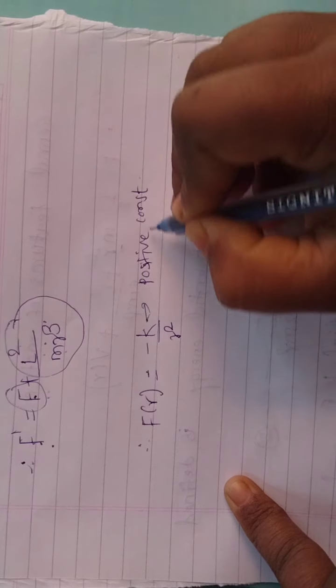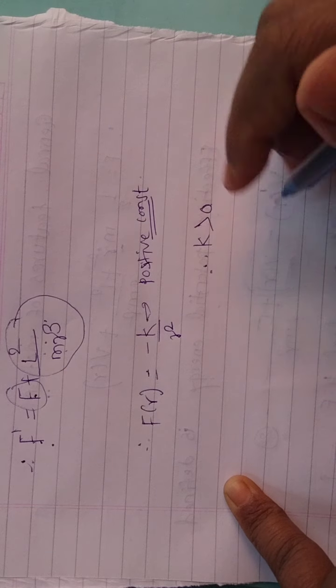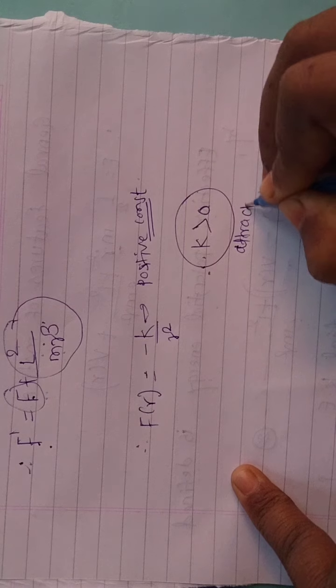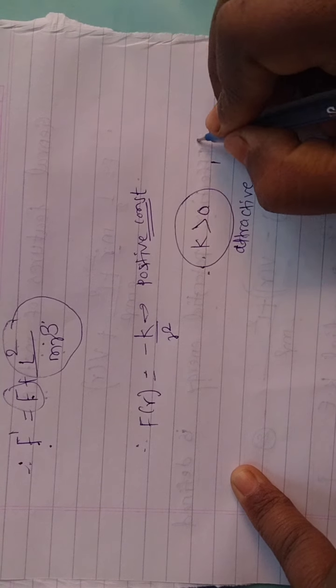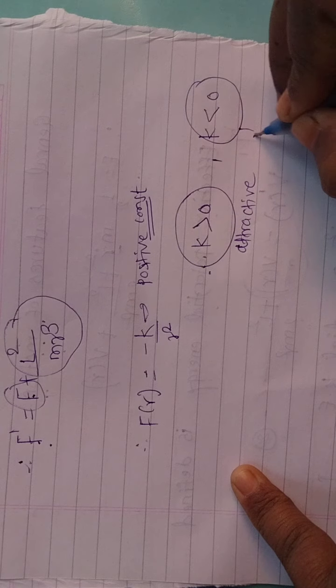Suppose k is greater than 0, the central force is an attractive force. And when k is less than 0, this central force is repulsive.